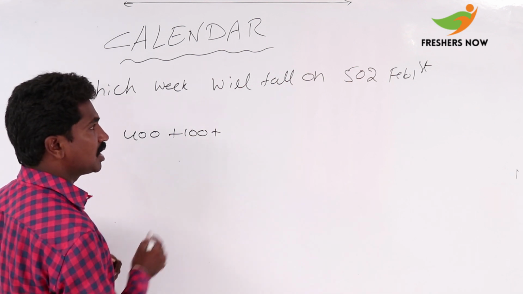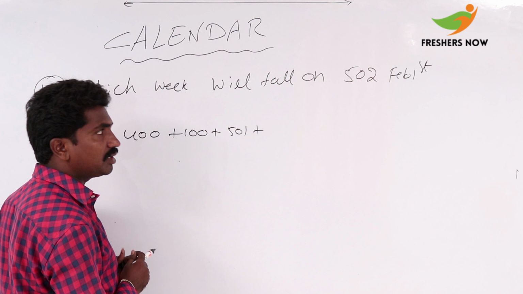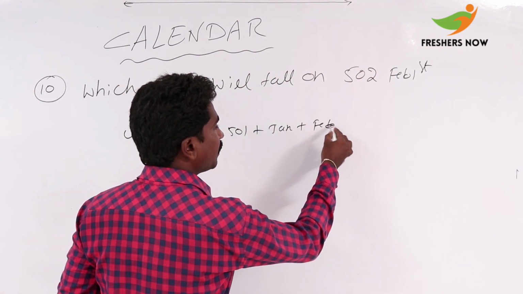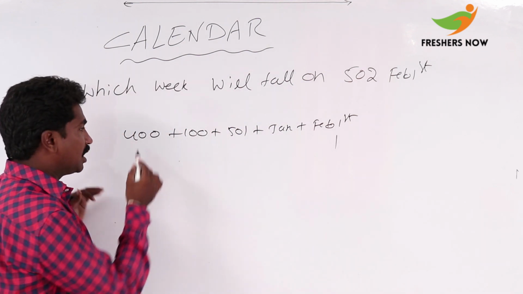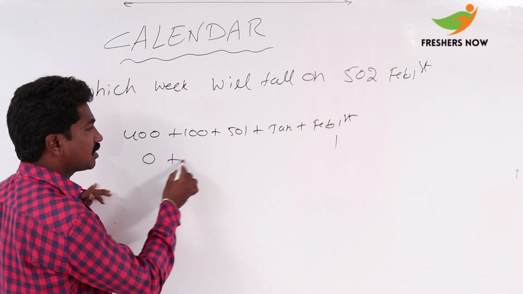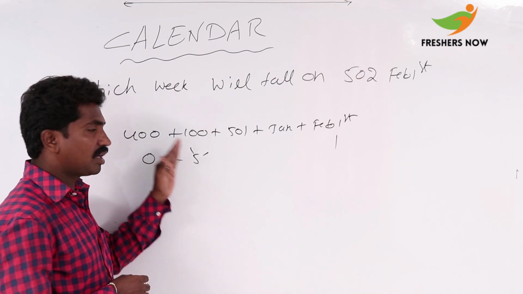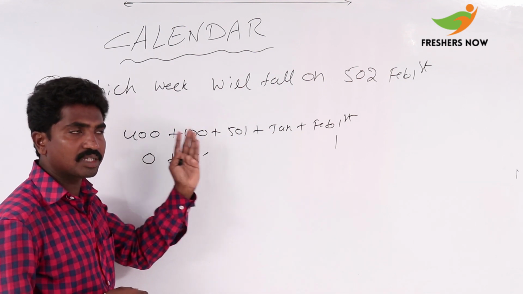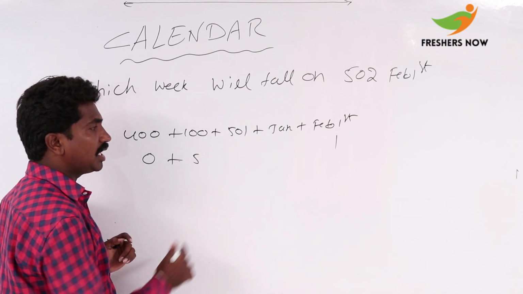For 502 February 1st, we write the 501 years and also 502 up to January and February 1st. For every leap century, 0 odd days. For every 100 years, 5 odd days: 200 years, 10; 300 years, 15. Like that, for every 100 years, 5 odd days.